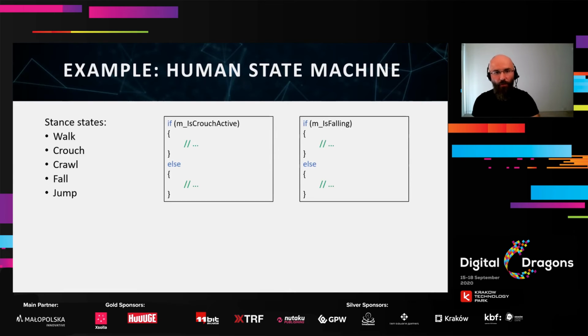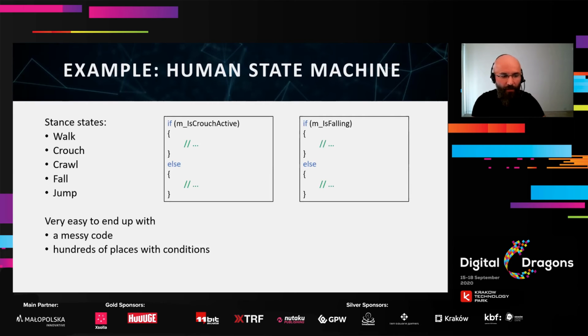If it is true or false, I'm doing specific things in various places in my code base. In this way, we can very easily end up with messy code and hundreds of places with those conditions, and the flow of your states is very unclear, how one state changes to the other.